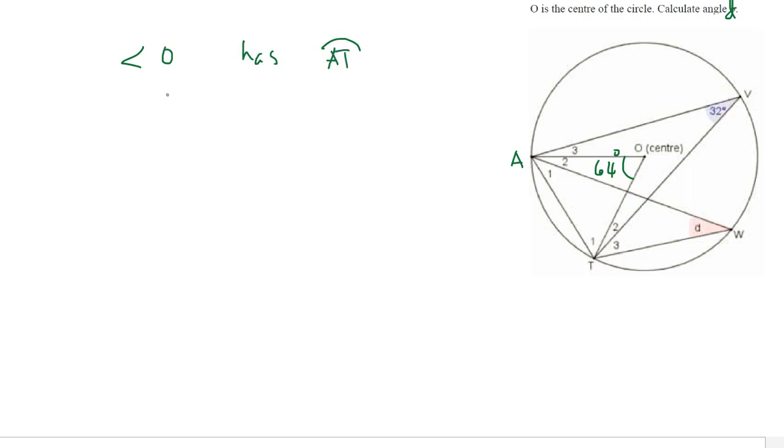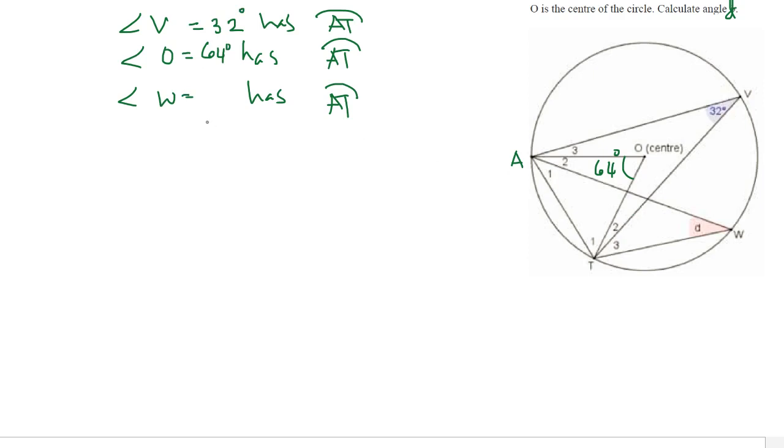That means the subtended angle W also has the same arc as the central angle 80, and so does the subtended angle V, which is equal to 32. O is now 64 degrees. That means W is half of 64, which is 32 degrees.